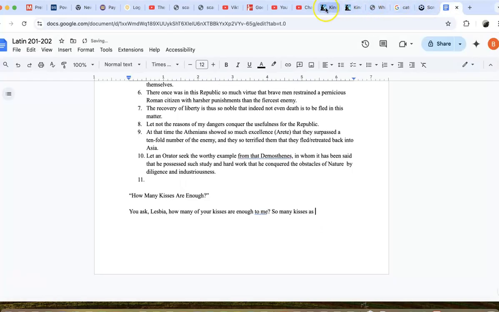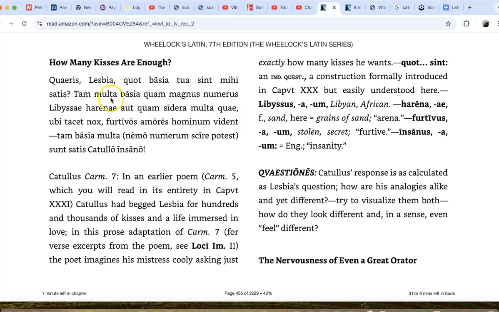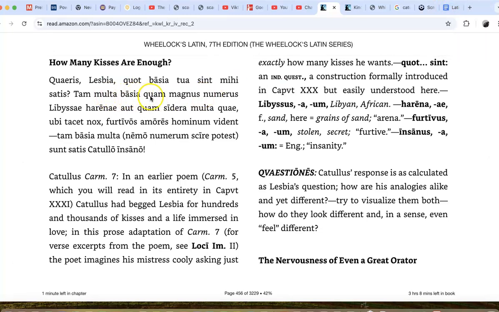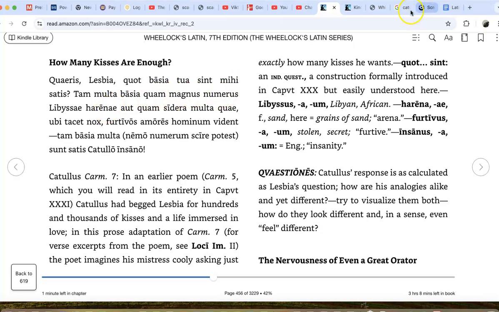But then what are we comparing the basia to? So as many as, literally the great number of, harenae means grains of sand in Libya. So many kisses as the great number of sands in Libya.